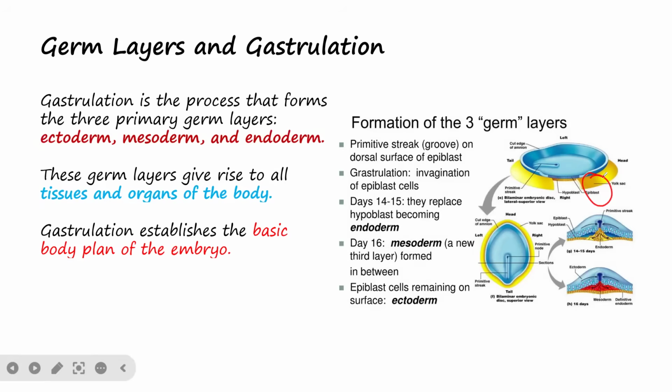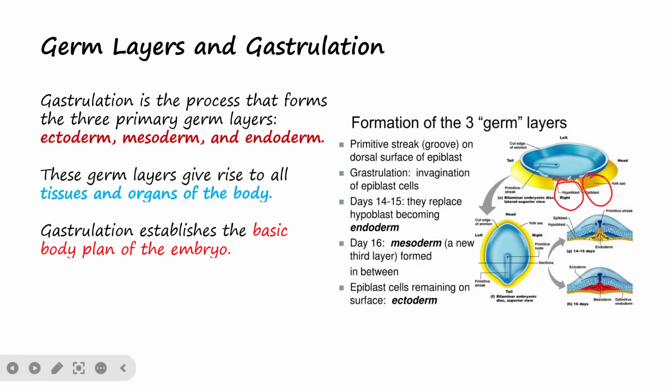Between days 14 to 15 after the development of the embryo, the epiblast cells replace the hypoblast. As we can see, this is the hypoblast. So the hypoblast will now become endoderm after 14 to 15 days. And then the mesoderm will develop 16 days after fertilization.